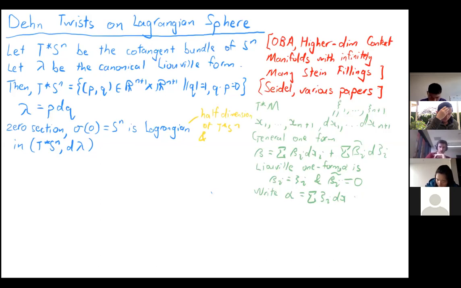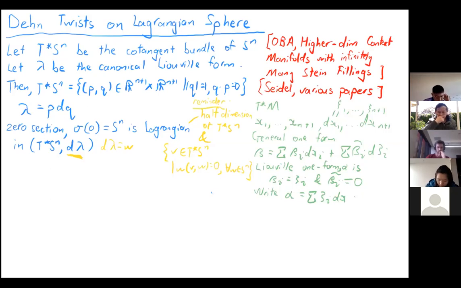And if you consider the area form, which is obtained from the one-form, these are the subsets of your manifold such that when you compute the area form, it's 0. Okay, so just a reminder of Lagrangian.